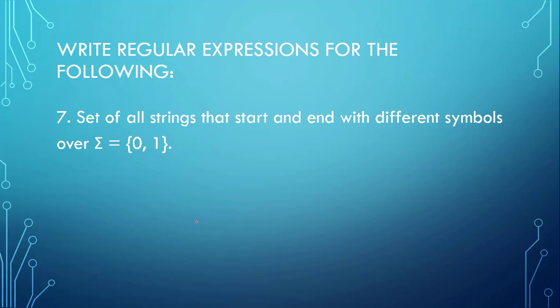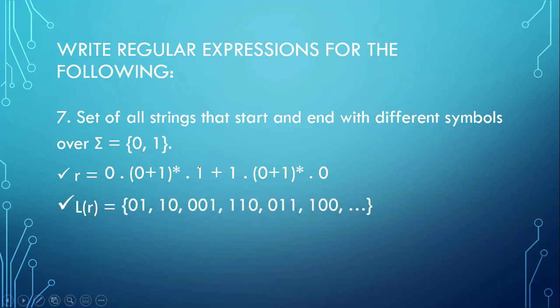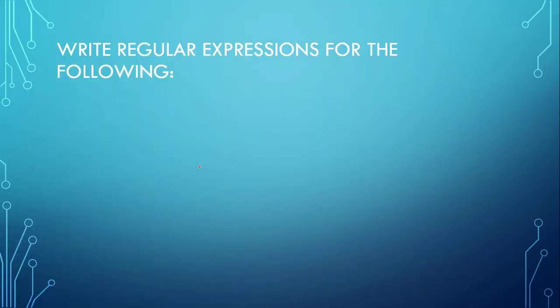So here R is equal to 0(0+1)*1 and 1(0+1)*0, with 0 and 1 at the start and end of our expression, and 1 and 0 at the start and end of the expression, since it says start and end with different symbols over the input 0, 1. So here the minimum valid strings will be 01 and 10. Other than that, any string starting and ending with different symbols will be accepted as valid input.